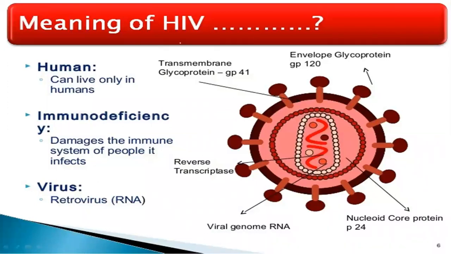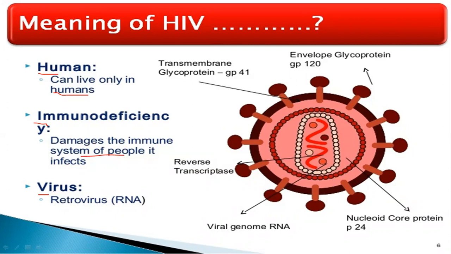What is HIV? HIV is actually human immunodeficiency virus. Human, because this virus can only live in humans, and immunodeficiency means it damages the immune system of the human it infects.